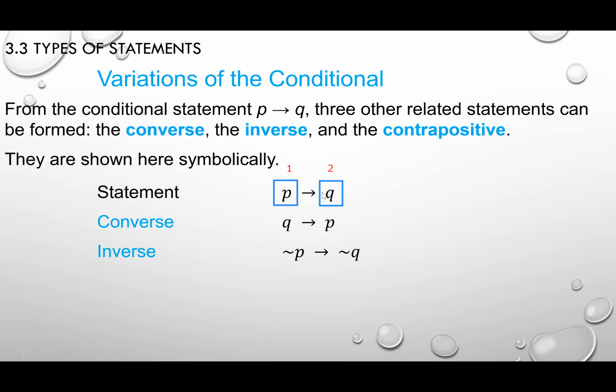Same position, but you negate both: the negation of P implies the negation of Q. The third item is the contrapositive. You swap them around, switch their position, and negate them: the negation of Q implies the negation of P.